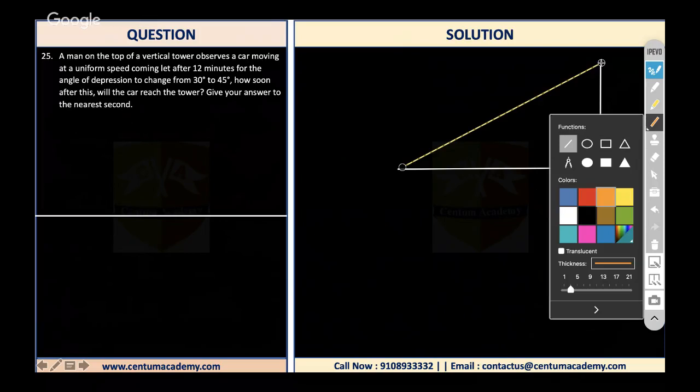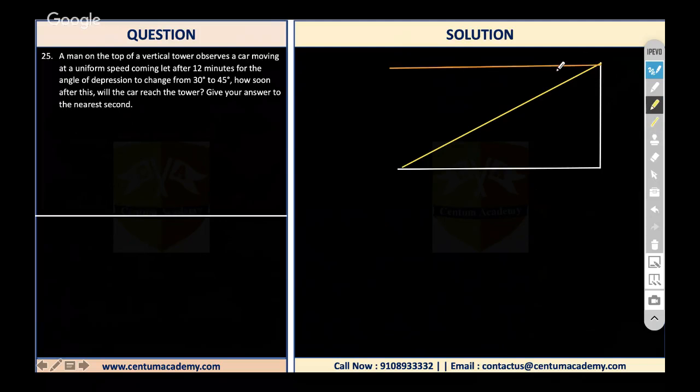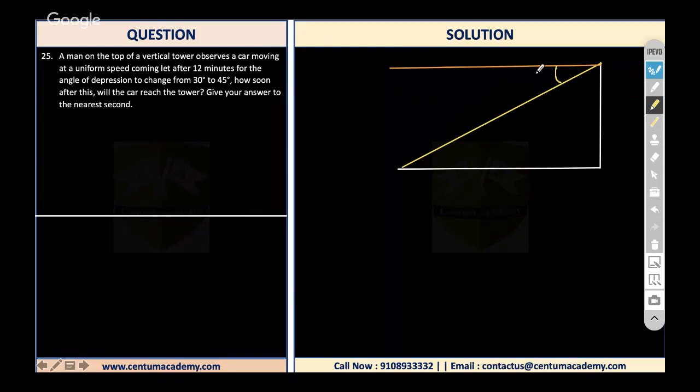So let me just take this as my horizontal. Okay. Now, so this angle was 30 degrees. Theta is equal to 30 degrees. And then after some time, what happens? The theta changes to 45 degrees.